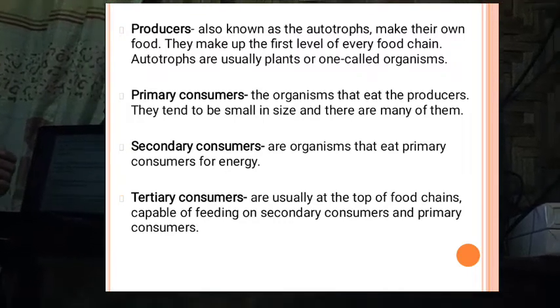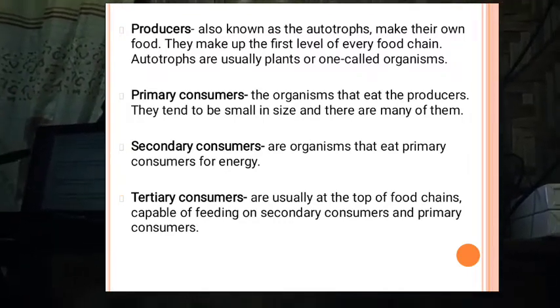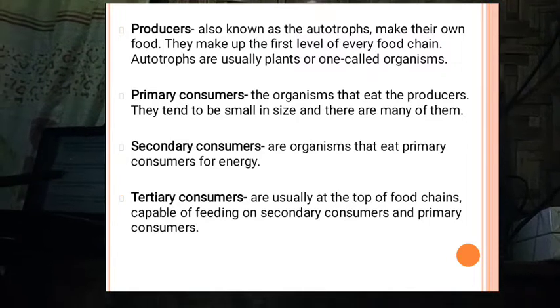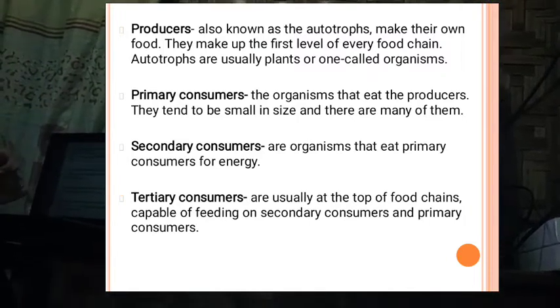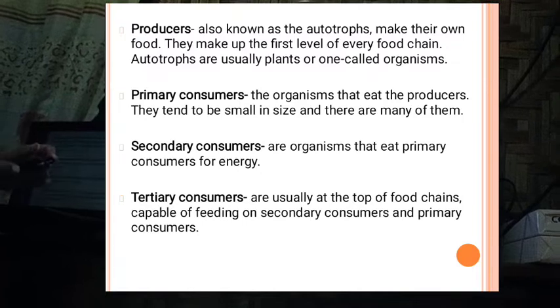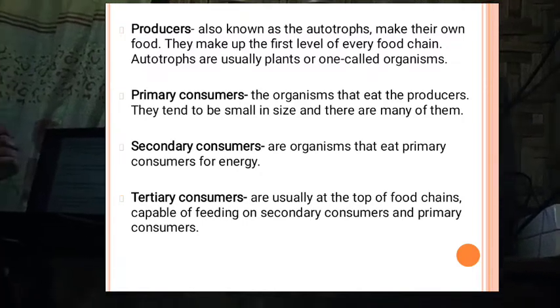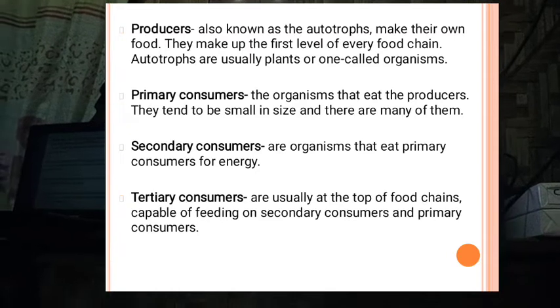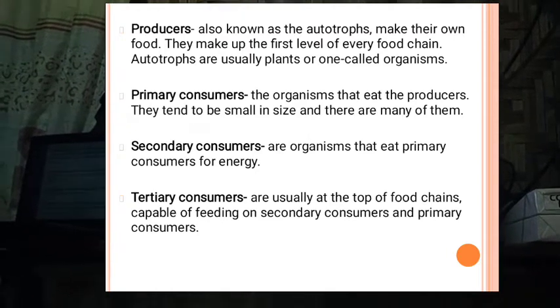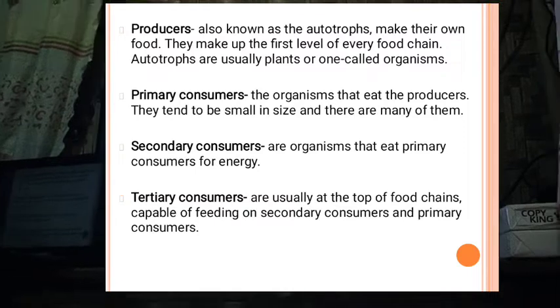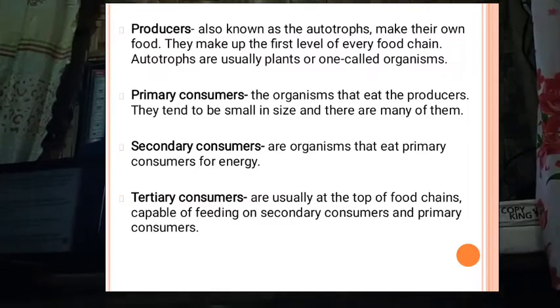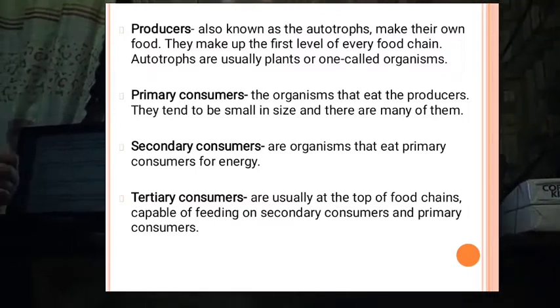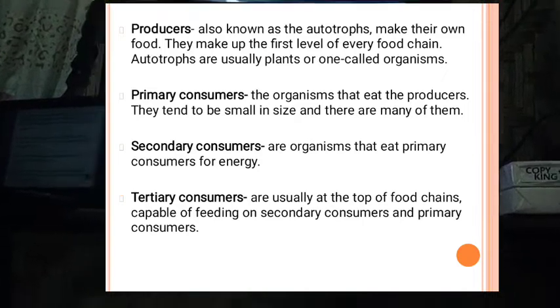Then the next one is the secondary consumers. Secondary consumers are organisms that eat primary consumers for energy. Secondary consumers, also known as carnivores, or they could be omnivores. Carnivores only eat other animals, while the omnivores eat both plants and animals.